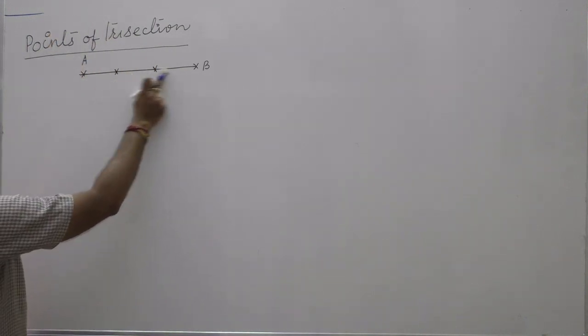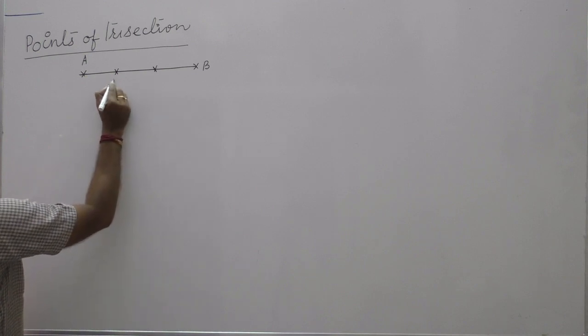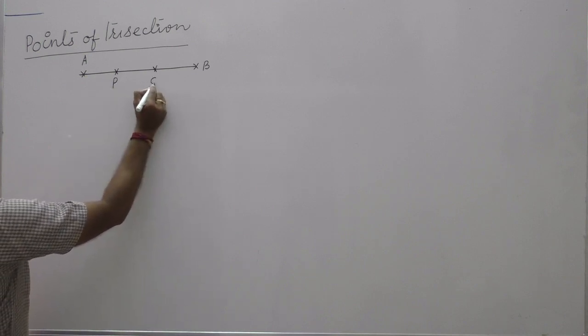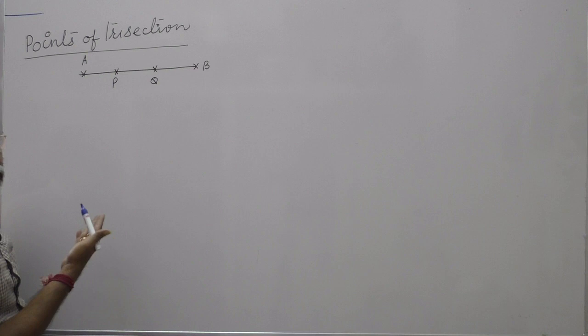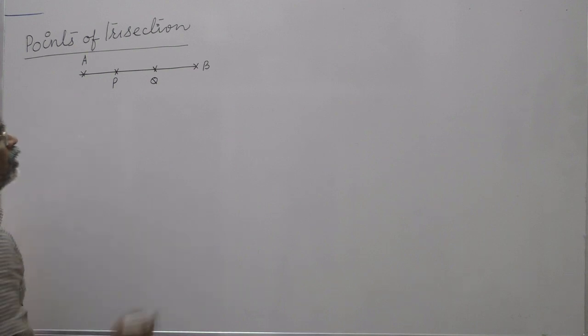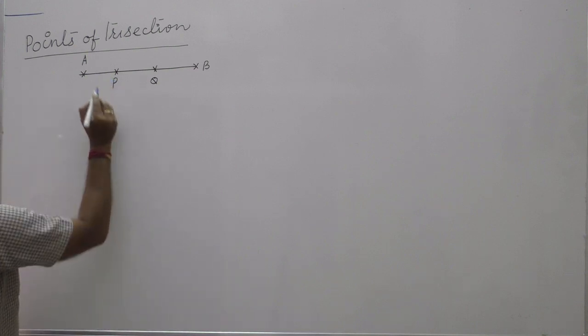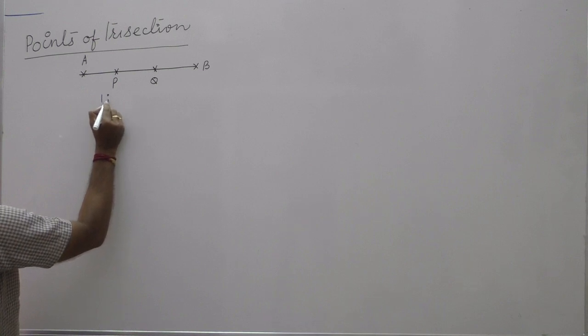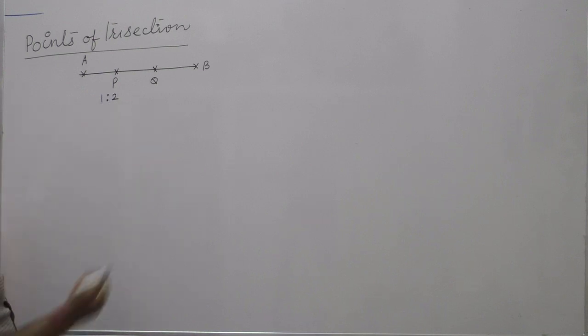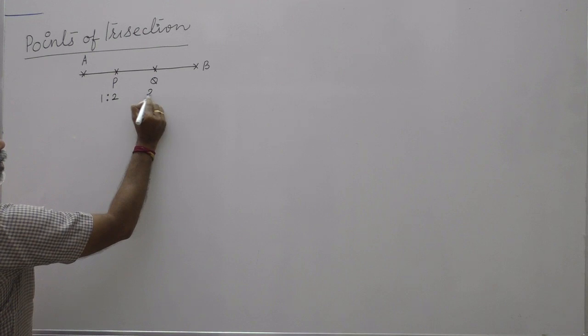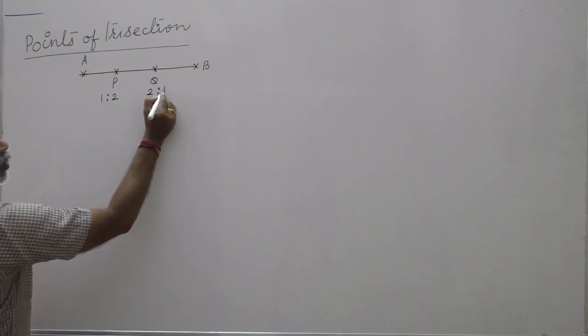Since these three are equal portions, there are 2 points of trisection. From the figure it is very clear. The first point will be dividing in the ratio 1:2. The second point is dividing in the ratio 2:1.